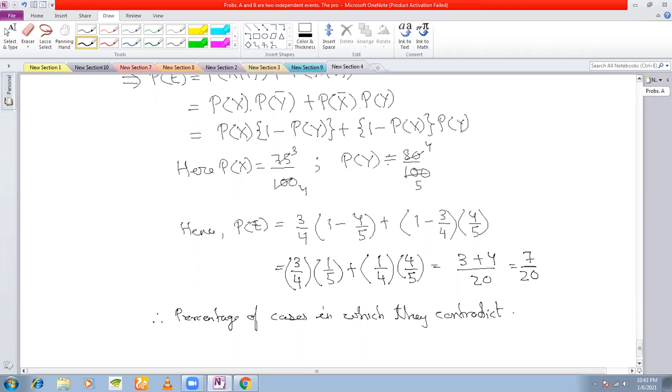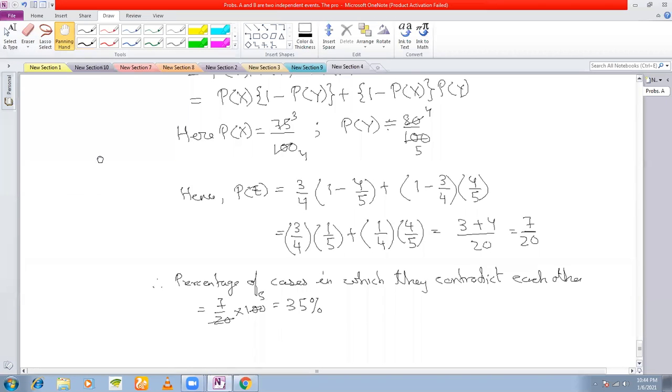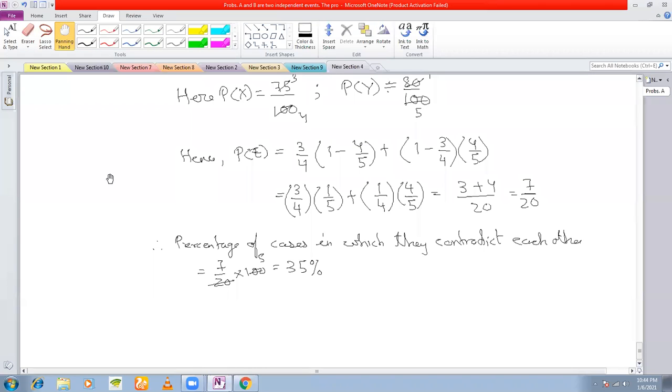Can you tell me? Convert 7 by 20 to percent. 7 by 20 into 100. That's it. That means 35% of the cases they contradict each other. That's it. Clear with this? Or any problem? No, sir.